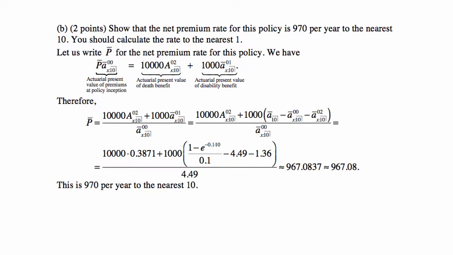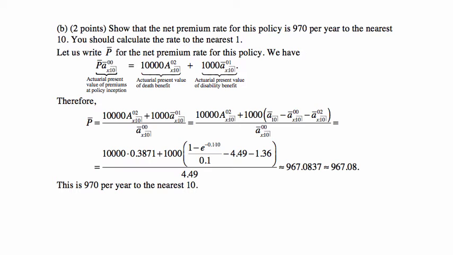This is part B. We want to show that the net premium rate for this policy is 970 per year to the nearest 10. You should calculate the rate to the nearest 1. We're going to do even more precise calculation, but anyway, we want continuously payable net premium, and net premium is the same as benefit premium.